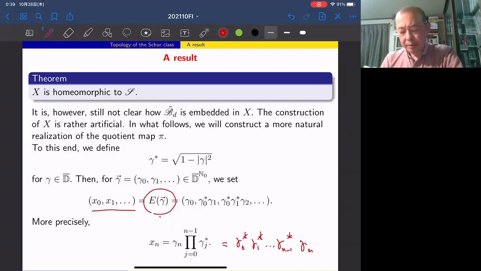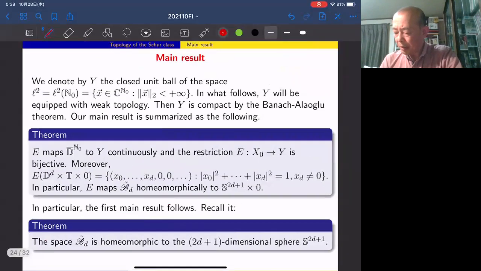So the main theorem says something about this mapping capital E. We denote by capital Y the closed unit ball of the space little l2 on N node. So this is just a complex sequence with finite l2 norm.